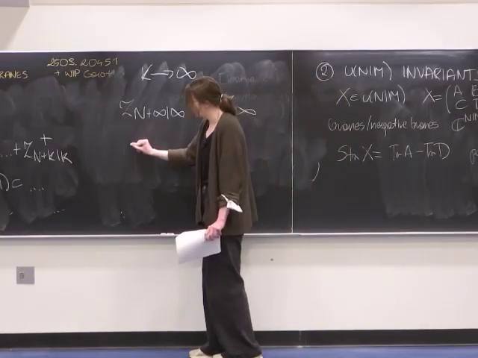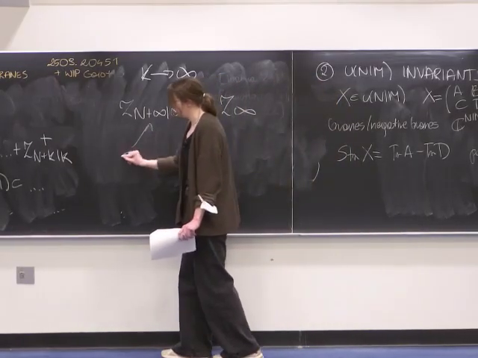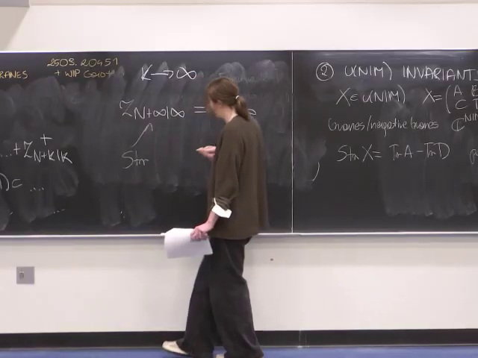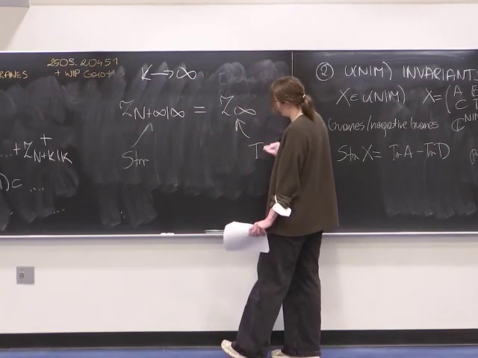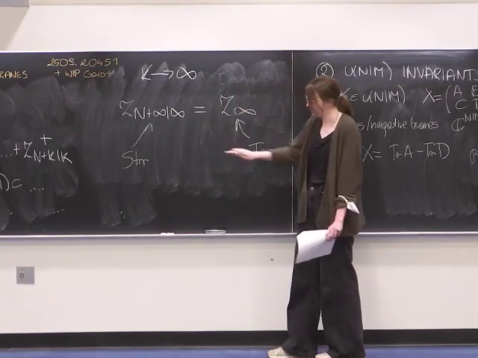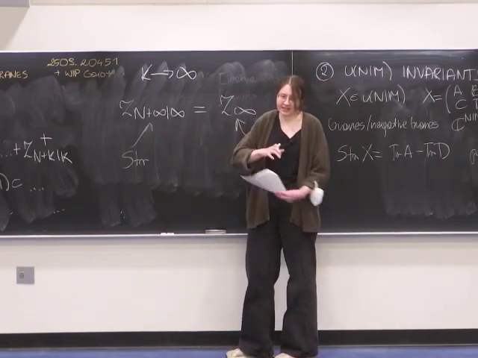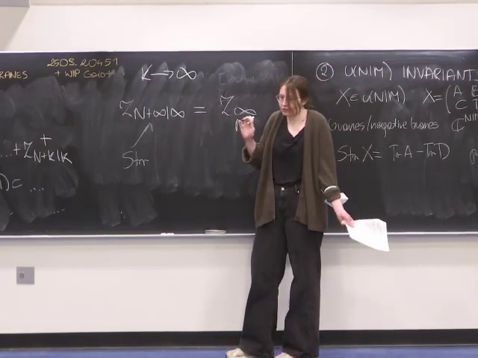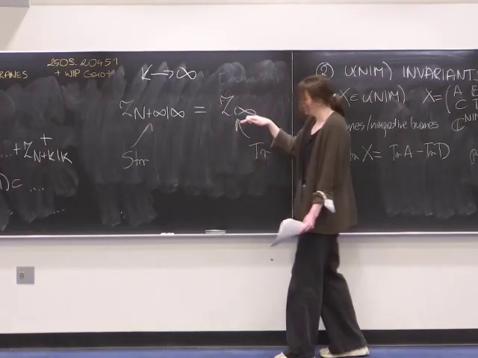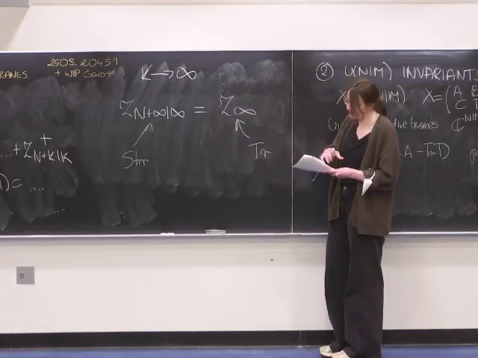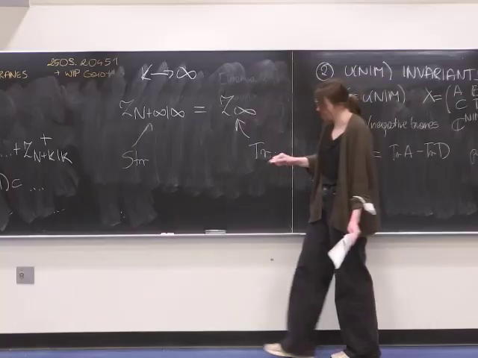So this counts supertraces. This counts traces. So these are different objects. But here, the size of the matrix is infinite, so there are no supertrace relations. And here, the size of the matrix is infinite, so there are also no trace relations.